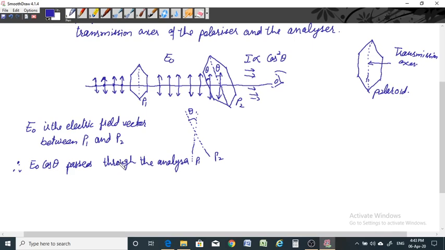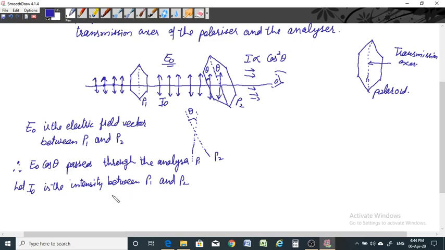Between P1 and P2, let the intensity be I naught. This is the electric field vector, and I naught is the intensity of light between P1 and P2.